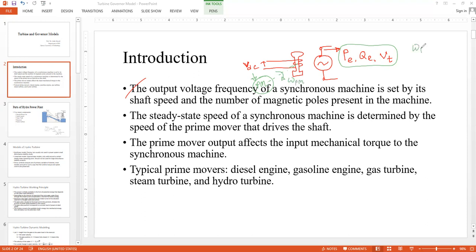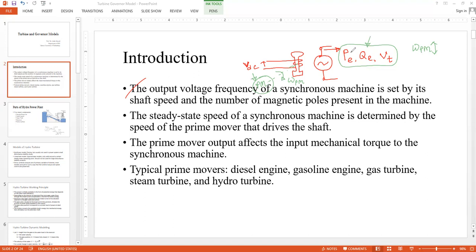If omega of the prime mover goes up or down, which one of these would be varied? Anyone? Mechanical power. Okay, mechanical power.